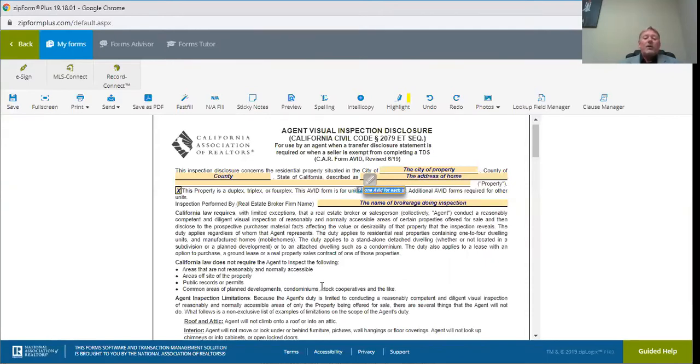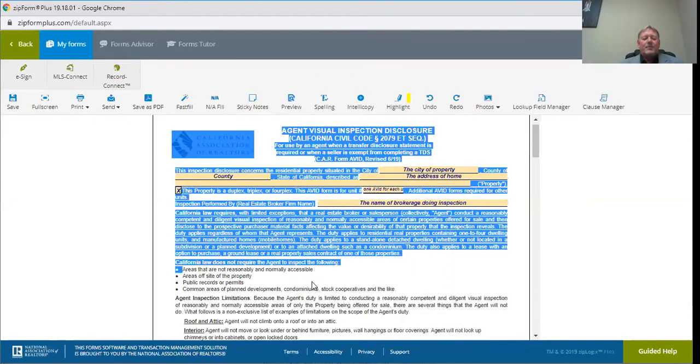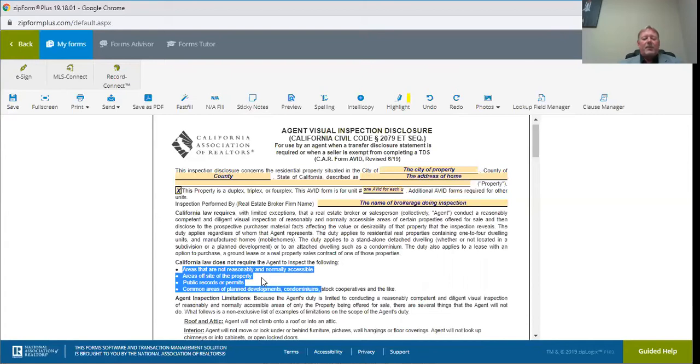So what we want to do is our best as far as what we see and what we're noting. As we go on, it talks about how California law does not require the agent to do inspections of areas that are not reasonably and normally accessible, areas off-site of the property, public records or permits, and common areas of a PUD, a planned unit development.